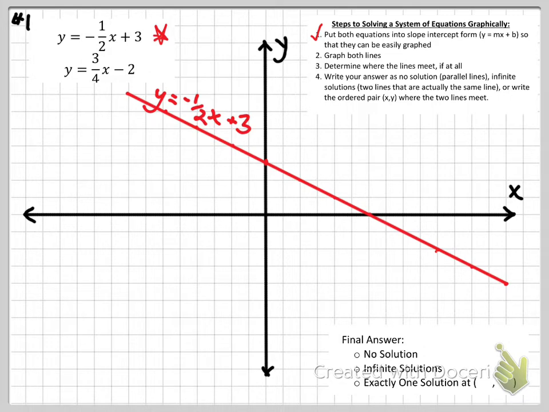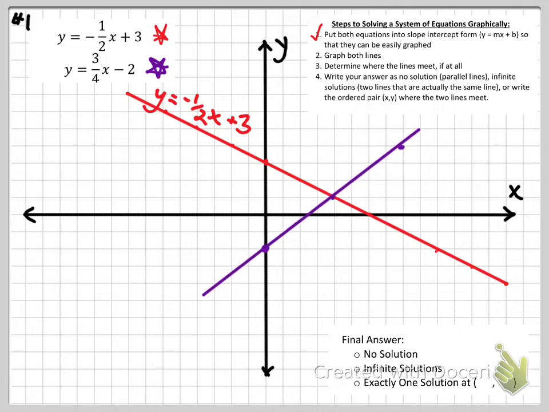Then let's switch to purple. We have y equals 3/4 x minus 2. So our y-intercept is negative 2, and our slope is positive 3 over 4. I'm going to go from there up 3 over 4, up 3 over 4, and so on. I could also, of course, go down 3 and left 4.